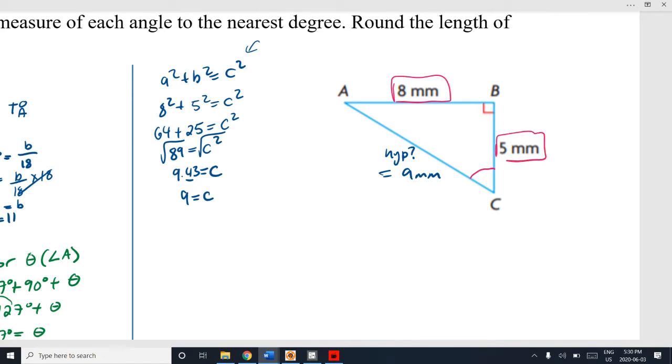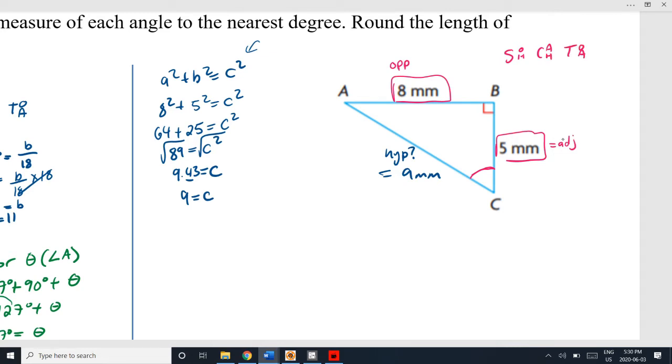Okay, so let's label all the sides now. From angle C, we're looking at the opposite. So this is our opposite. And the one that's touching it, that's not the hypotenuse, is the adjacent. So this is the adjacent. So we have opposite and adjacent here. What we can do is start with SOHCAHTOA and see which ones we're dealing with.